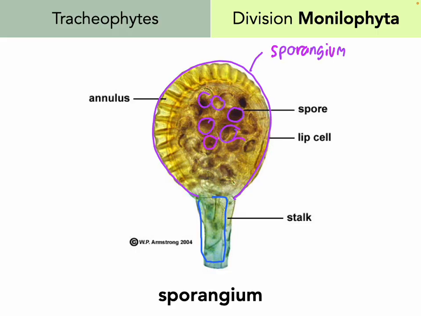The spore is inside, but the sporangium wall is quite unique. There's a part here that's really thick. It looks like some kind of scale insect, like an alien head. This thing is called the annulus. Like the annual ring, it is a ring-like structure.